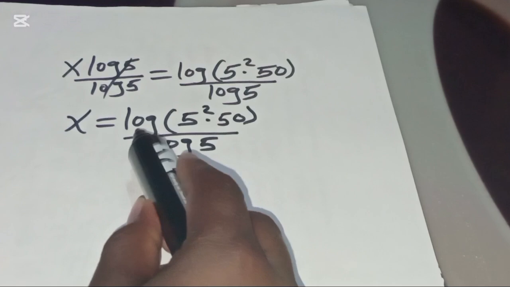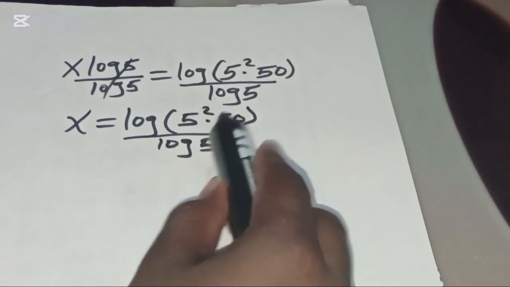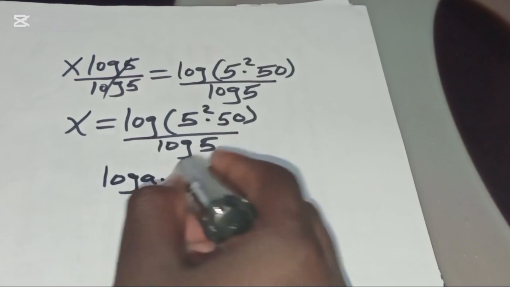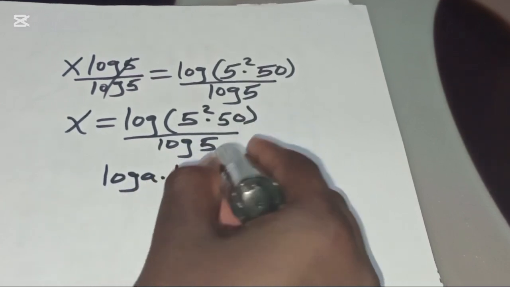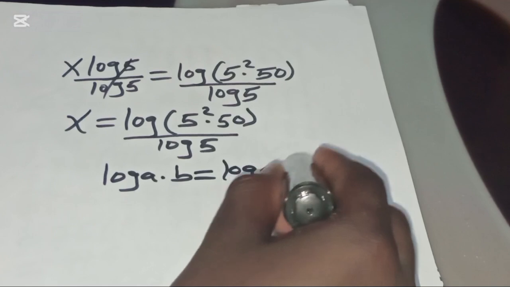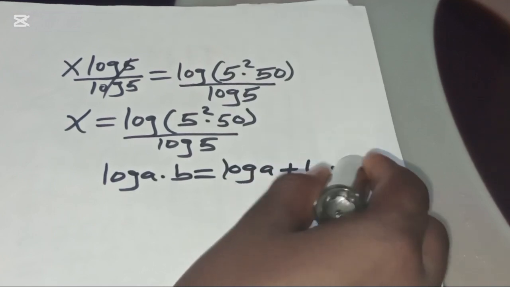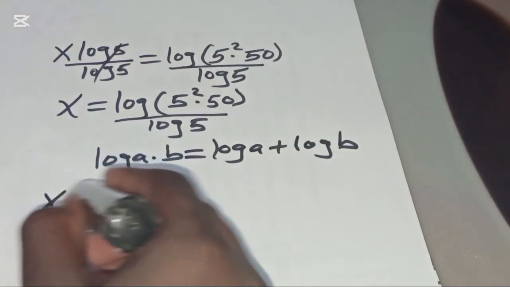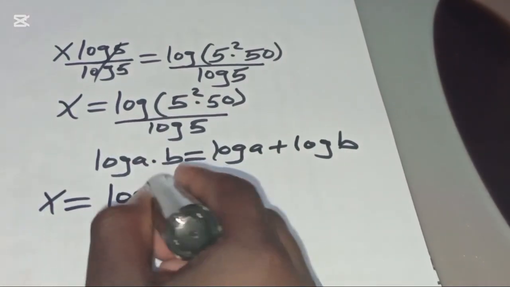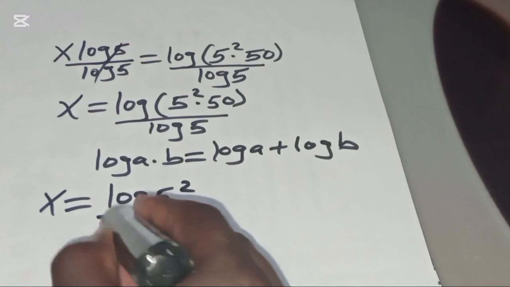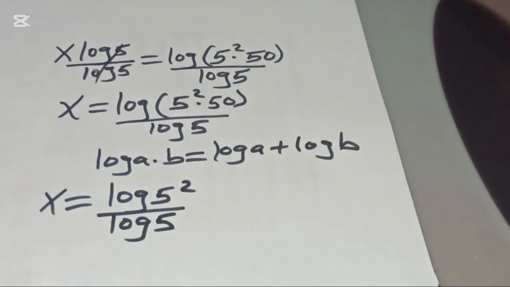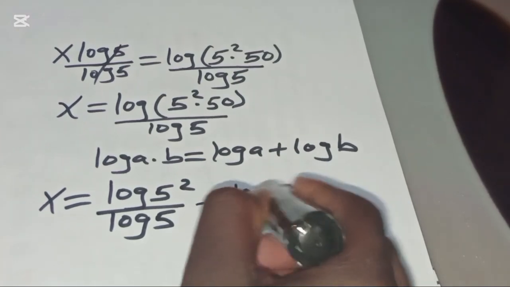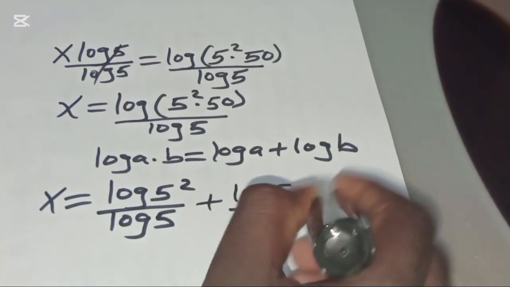Now log of 5 to power 2 multiplied by 50 is in the form of log a multiplied by b, which we can express as log a plus log b. Applying this property, we'll have x as log 5 to power 2 divided by log 5 plus log 50 divided by log 5.